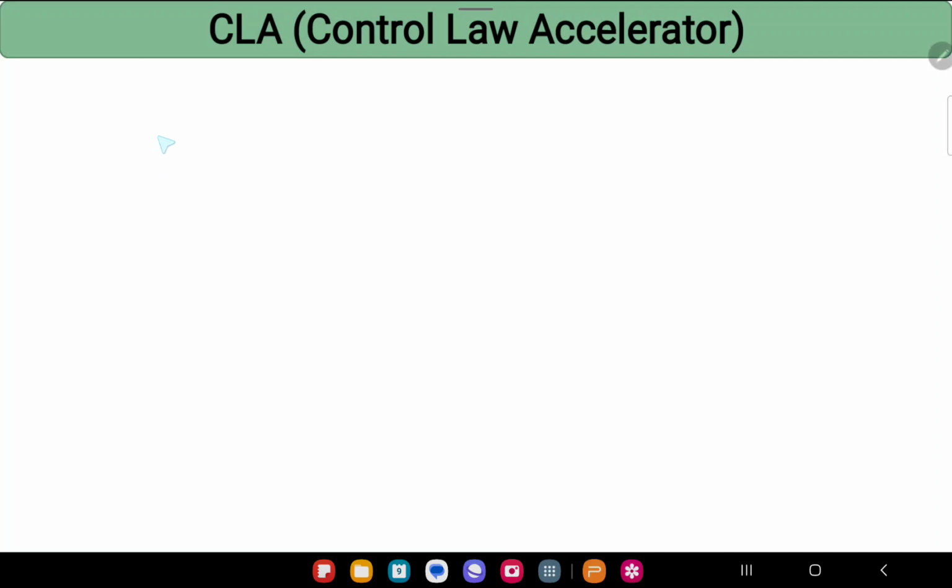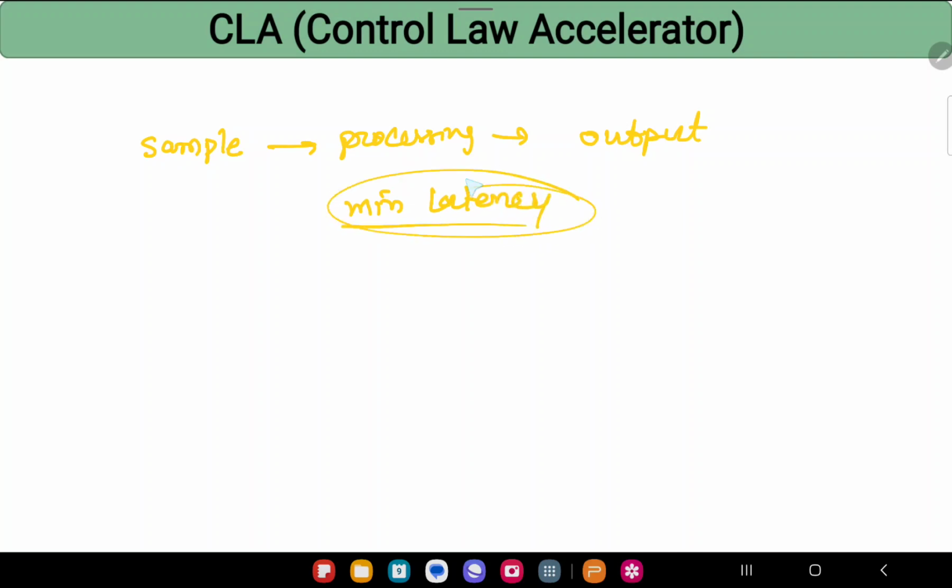Okay, so what is happening? You are taking the samples of your inputs and you are processing the data and you are getting some kind of output, right? So there should be minimum latency and minimum time period to perform this task.